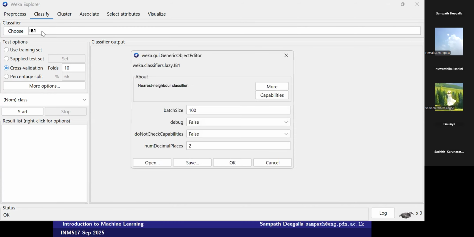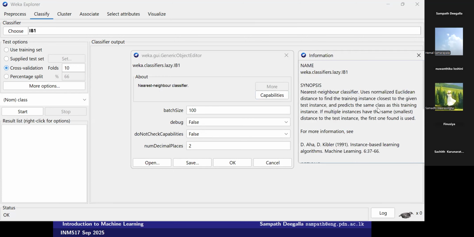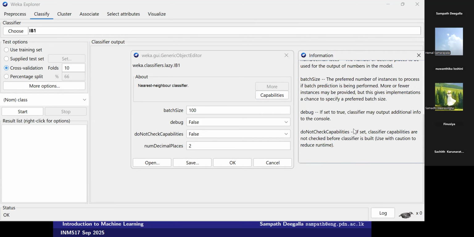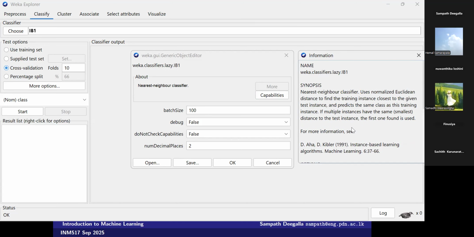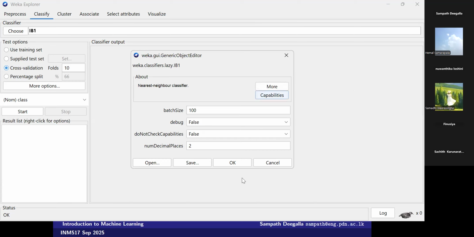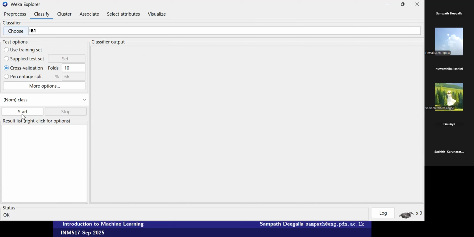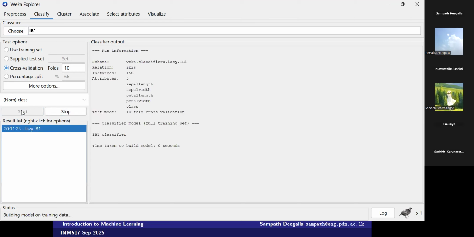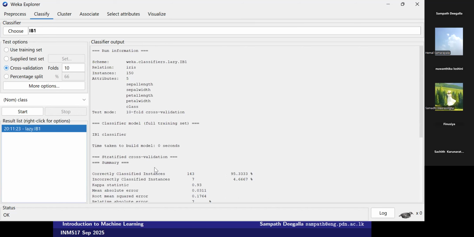You can notice it is normalized; you can click more if you need more information. It uses normalized Euclidean distance to find the training instance closest to the given test instance and predicts the same class as that training instance. I'm going to click OK, and I will run it and see the accuracy.